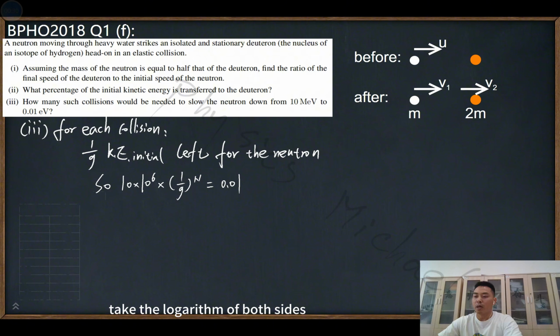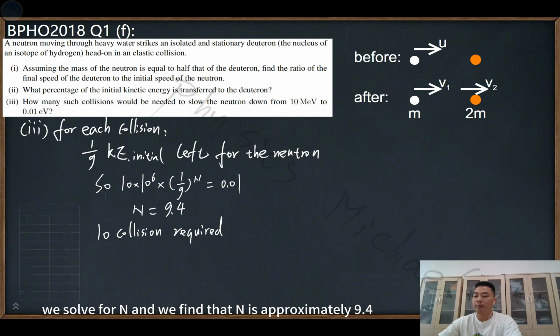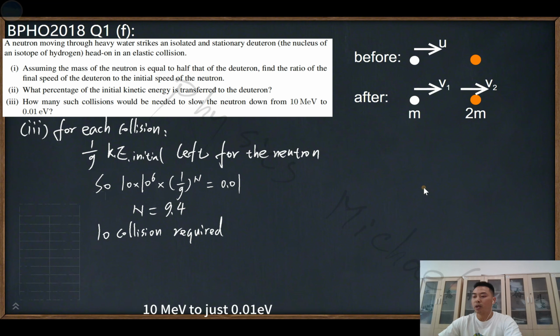Taking the logarithm of both sides, we solve for n, and we find that n is approximately 9.4. Since we can't have a fraction of a collision, we round up and say it would take about 10 collisions to reduce the neutron's energy from 10 megaelectronvolts to just 0.01 electronvolts.